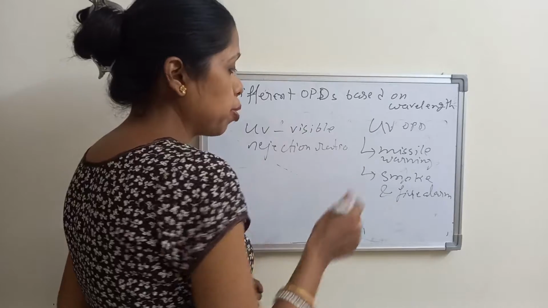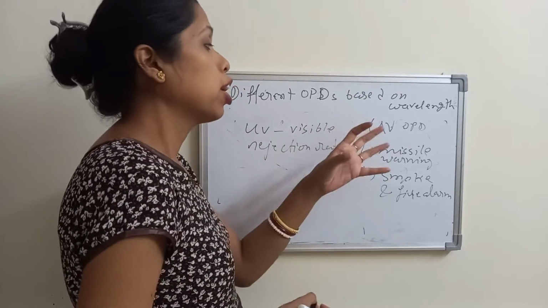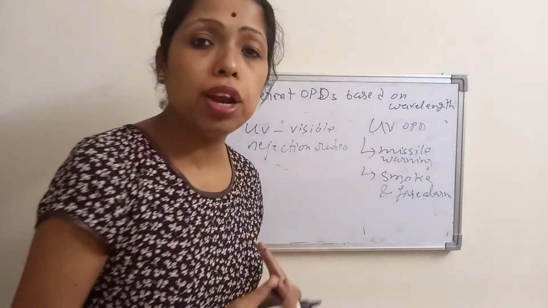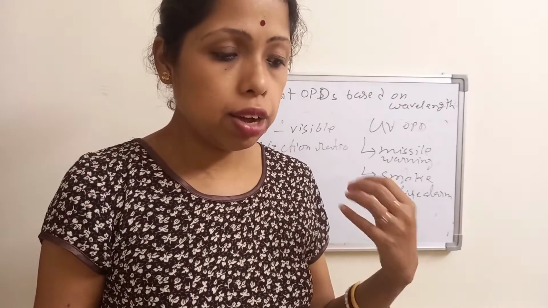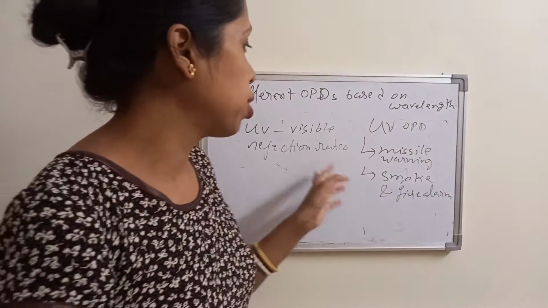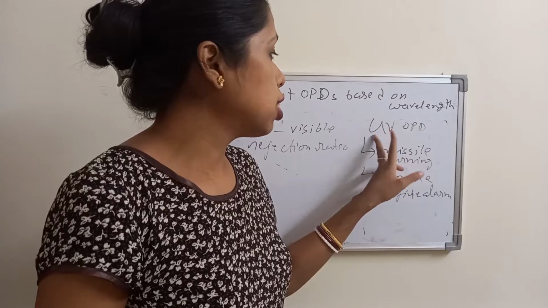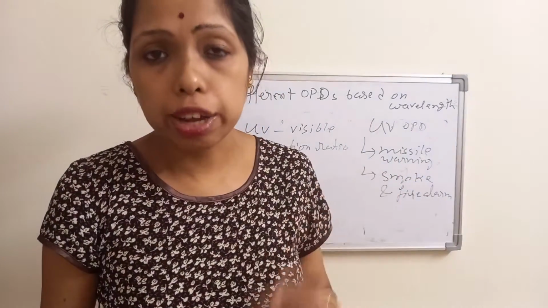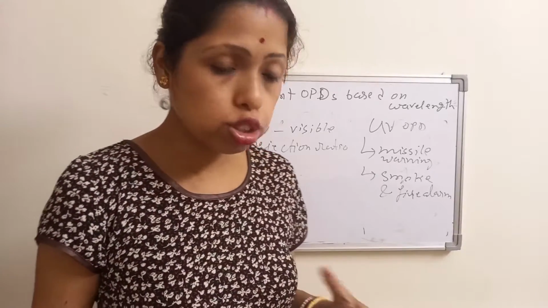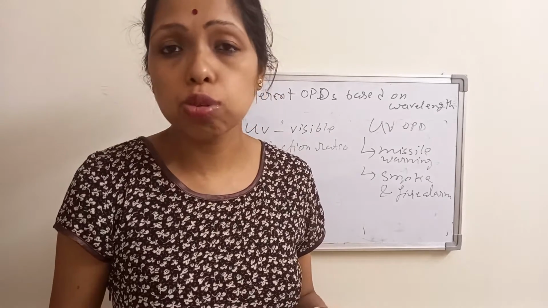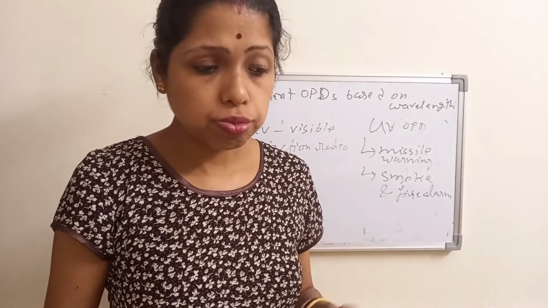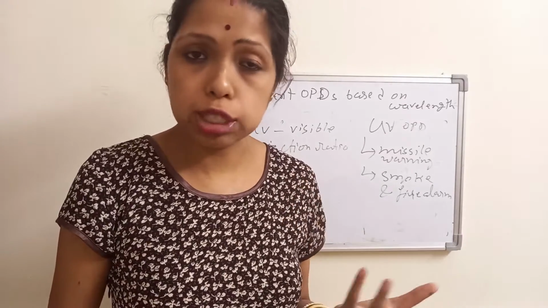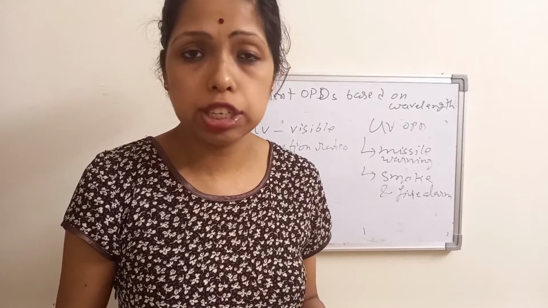By checking this parameter, we can understand whether it can totally detect UV light or not. It should detect a maximum amount of the UV light and reject other light, right? So by considering this parameter, we can understand the performance of the UV organic photodetector.